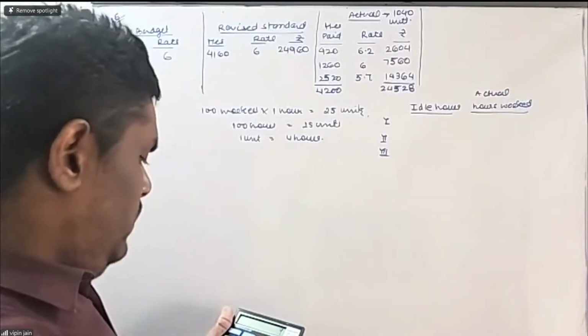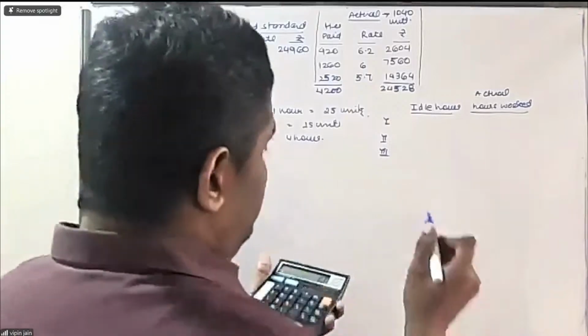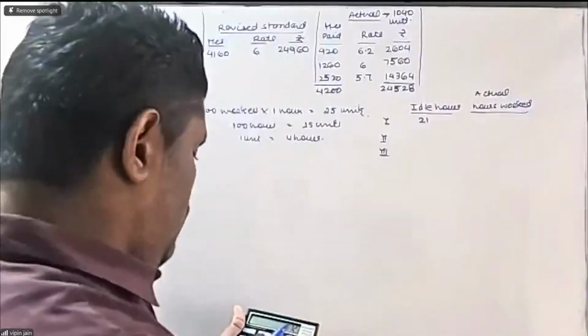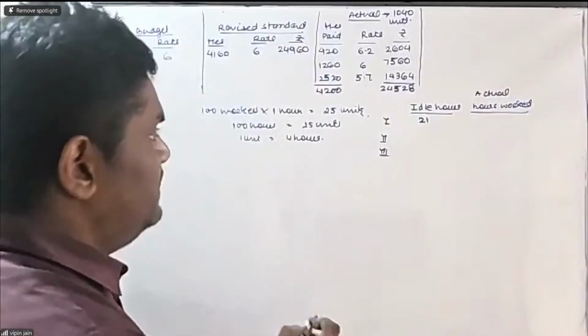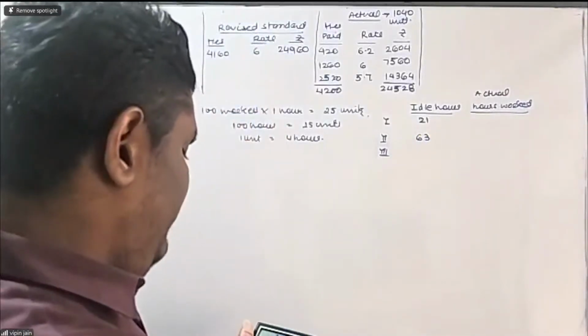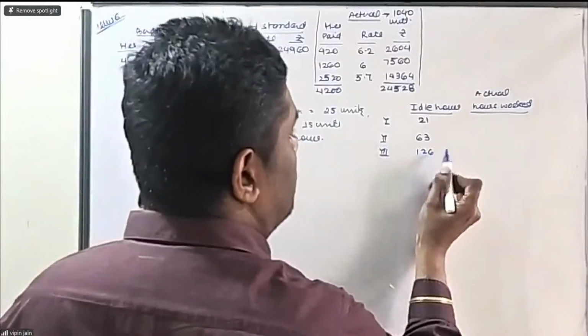So this will be 420 into 5%, which is 21. 1260 into 5% is 63. 2520 into 5% is 126.